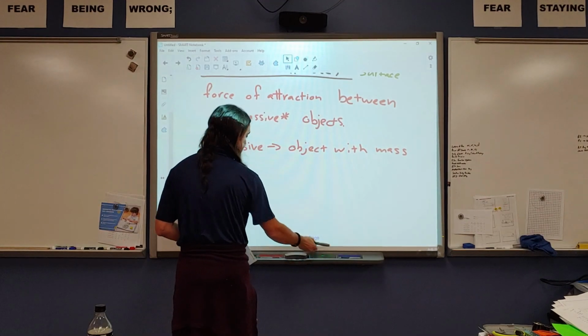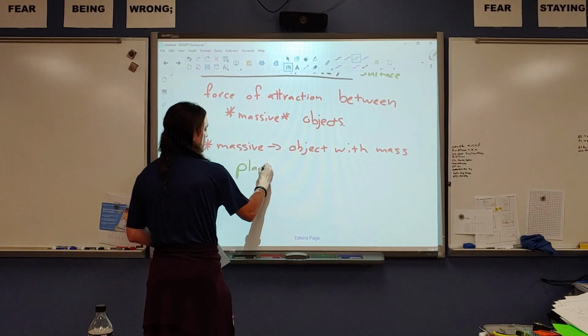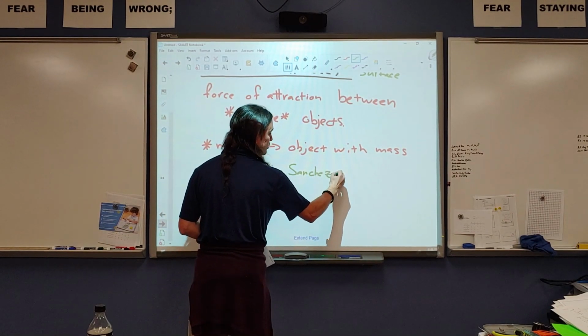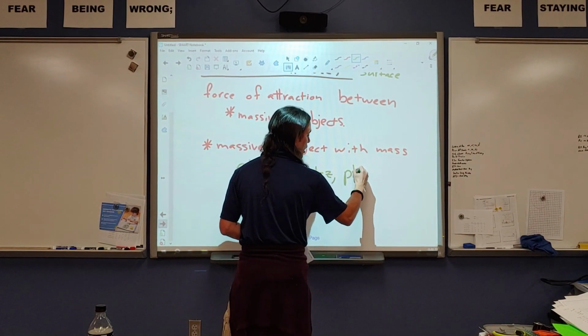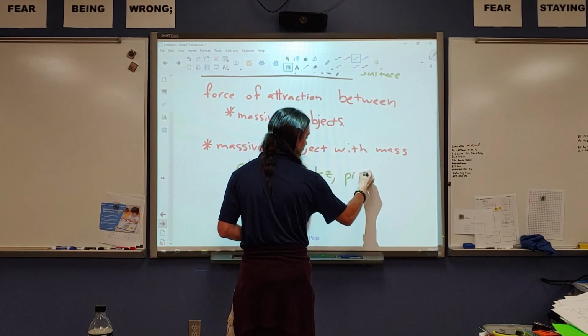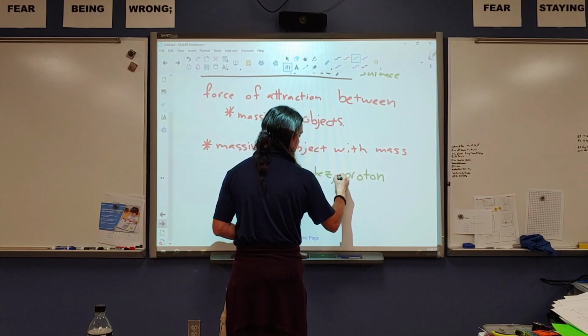And what that means is, yes, a planet is massive, but so is Sanchez, and so are you. And I almost wrote photon, the one thing that doesn't belong on this list. I need a proton, which is actually very tiny.